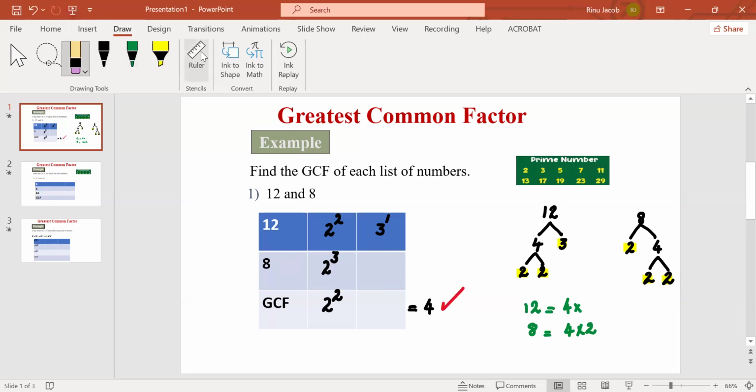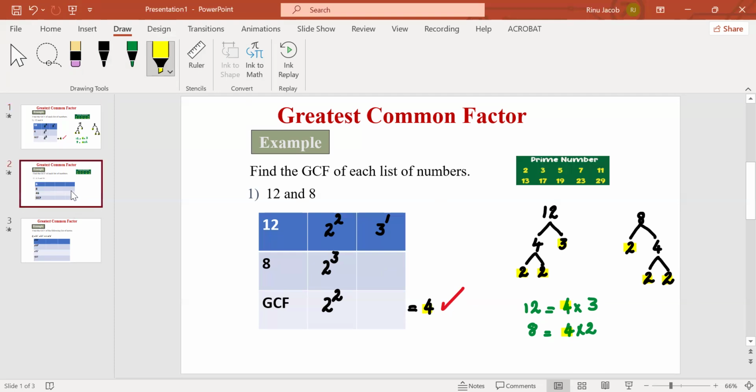It is not 2, it's 3. So when you compare, you can see that the common factor of 12 and 8 is 4. That is exactly what you got here. That means the greatest common factor of 12 and 8 is nothing but 4. I hope it is clear.